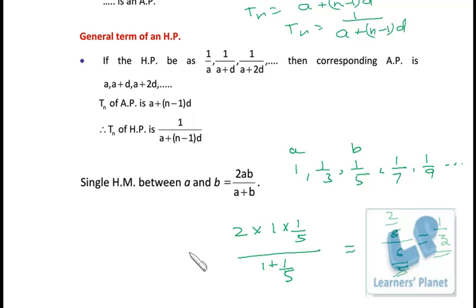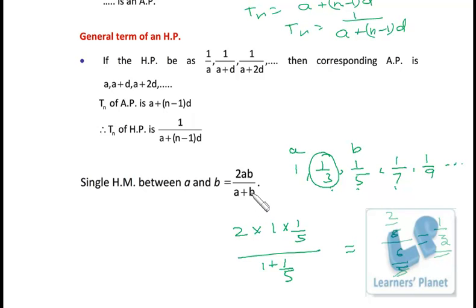So the harmonic mean between a and b is 1 by 3. The general formula is that the harmonic mean between two terms is 2ab upon a plus b, right? Similarly, the harmonic mean between 1 upon 3 and 1 upon 7 will be 1 upon 5. So 2 into 1 upon 3 into 1 upon 7 upon 1 by 3 plus 1 by 7, you'll get 1 by 5, right?